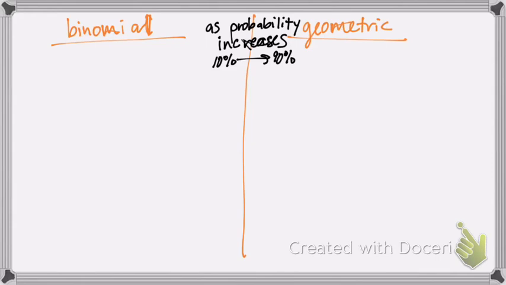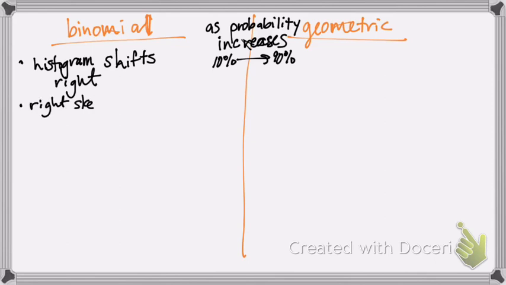For binomial distributions, as Courtney is practicing basketball for 5 months, the histogram shifts right and it goes from a right skew to a left skew. So it starts off as a right skew like this, and then it goes to a left skew. It's a beautiful picture.